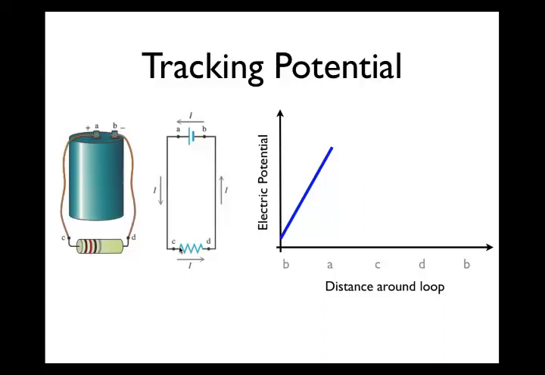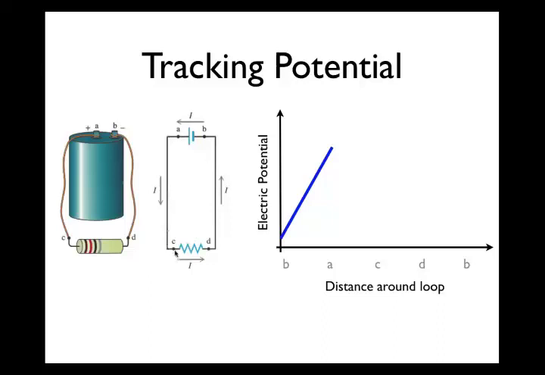And so even though there is some resistance in these wires, the amount of resistance in the wire compared to the amount of resistance in this resistor is ridiculously small, and so with the devices we have to measure an electric potential difference in the lab, we generally don't measure an electric potential difference as the charge is moving through the wire, because the wire is essentially resistance-less, even though there's a small amount of resistance in it.